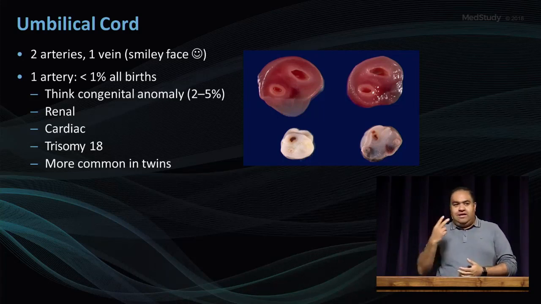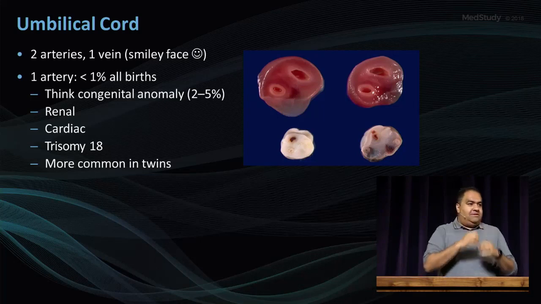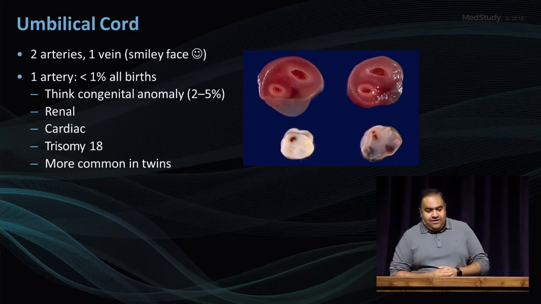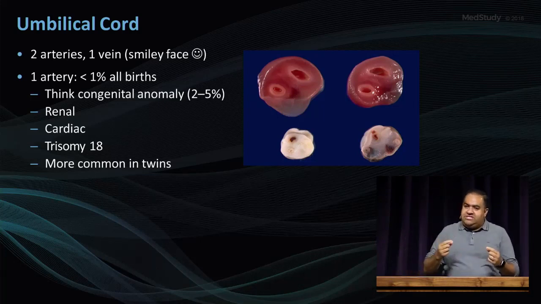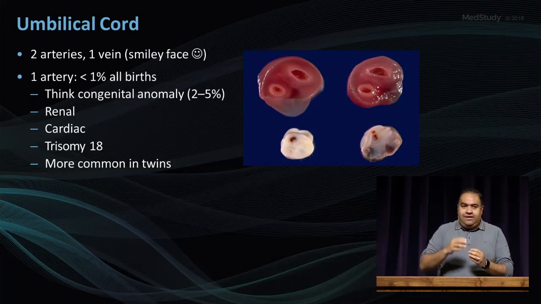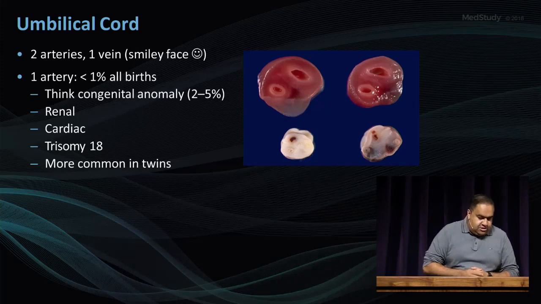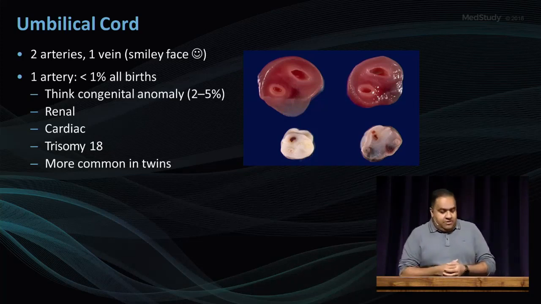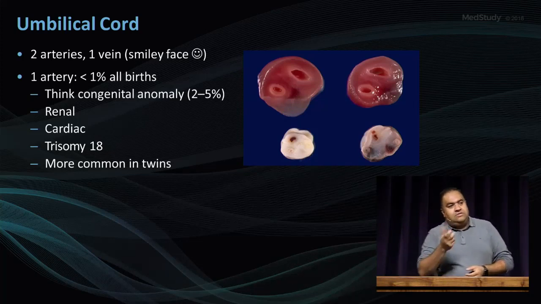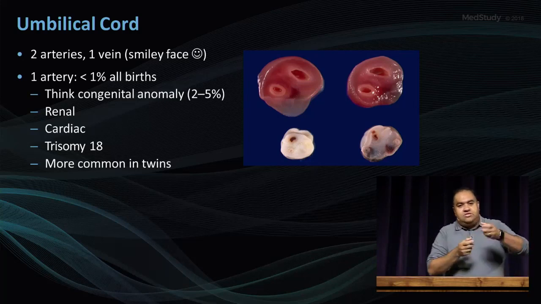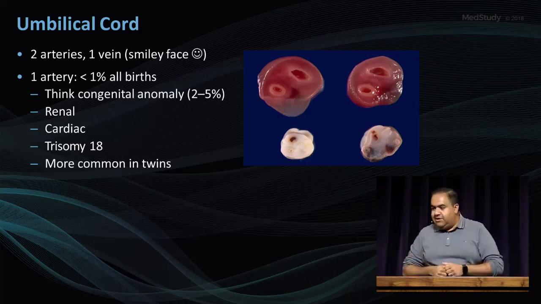So you have the two eyes and the O that makes the vein. Remember, the arteries are a little bit more stiff in structure. The vein is very floppy and bendable, and the umbilical cord is covered by amnion. It's a spiral cord, and it usually spirals in a counterclockwise direction.